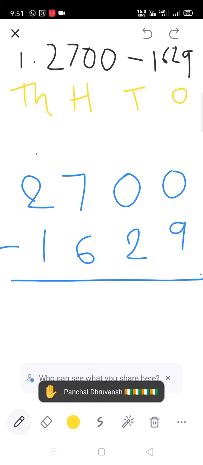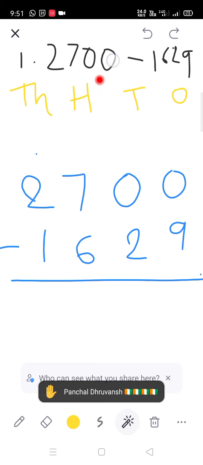As per the rule of subtraction, you have to start the subtraction from the ones place. कहाँ से start करना है subtraction? Ones place से. यहाँ पे क्या है, ones place में 0 minus 9. You know that student, 0 is smaller than 9, so we cannot subtract it. So we have to take a borrow from the previous place.